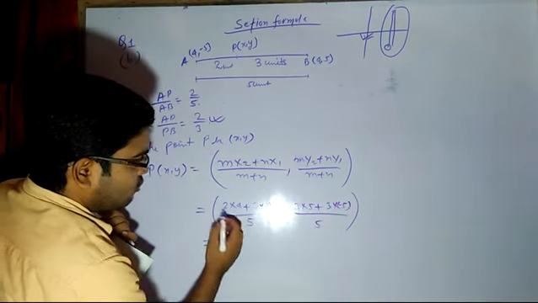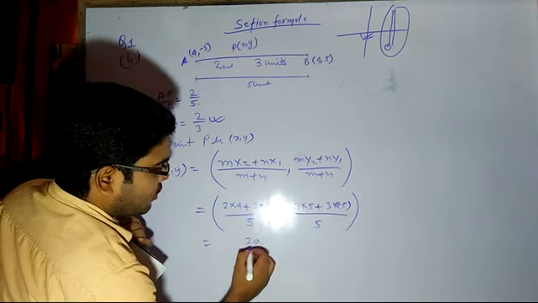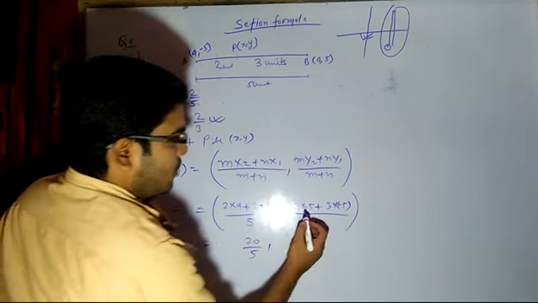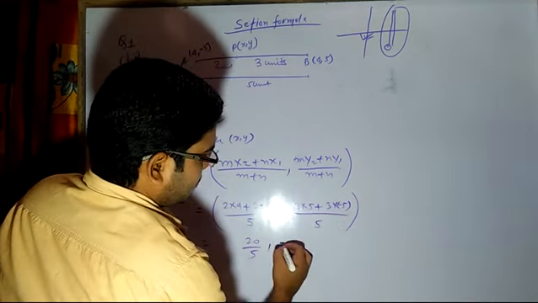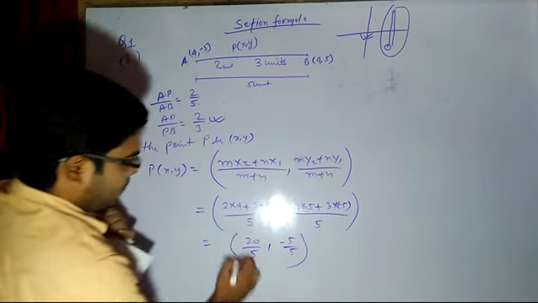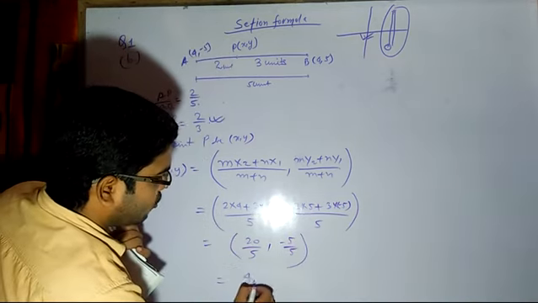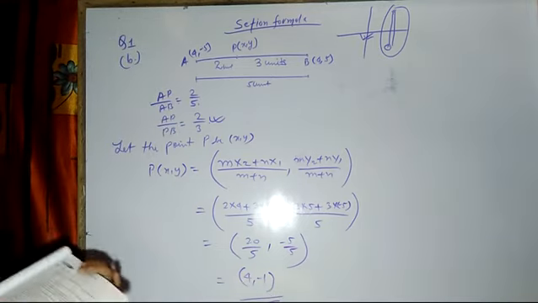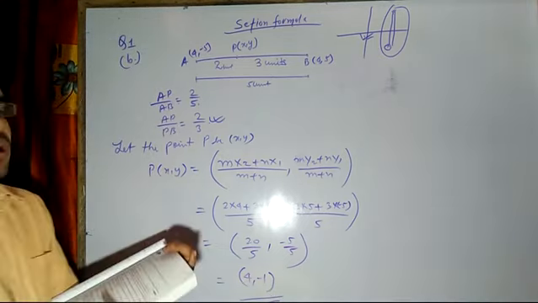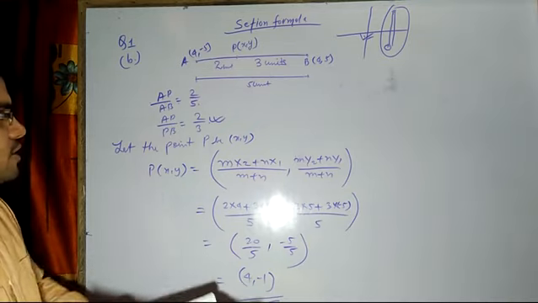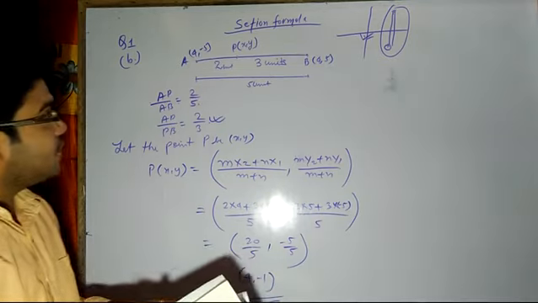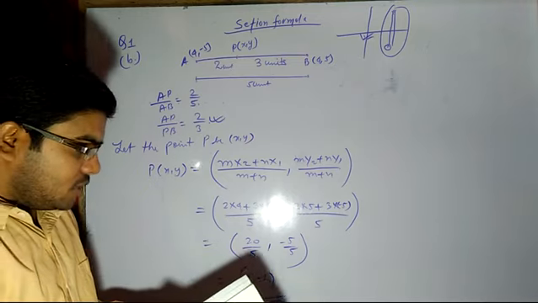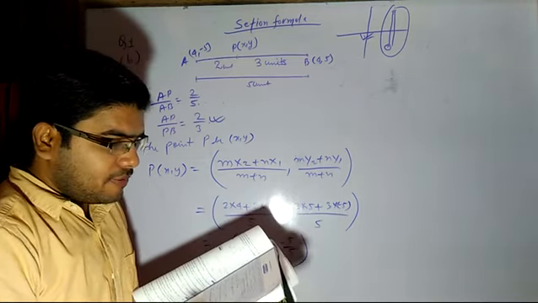So this will be equal to 2 fours are 8 plus 12, that is 20 by 5, comma, 10 minus 15, that means minus 5 by 5. So your coordinate will be 4, comma, minus 1. So this will be your answer, right? In this way you have to solve, and then verify the answers. If you see the answer for question number 1, sub part B, it is 4, minus 1.